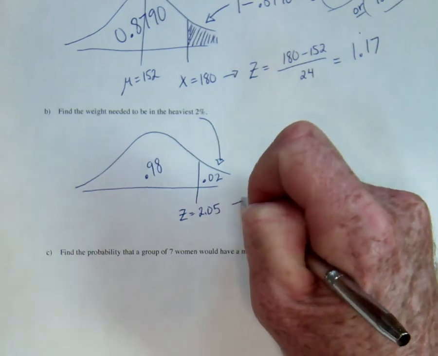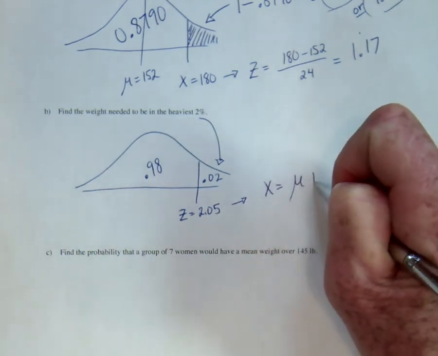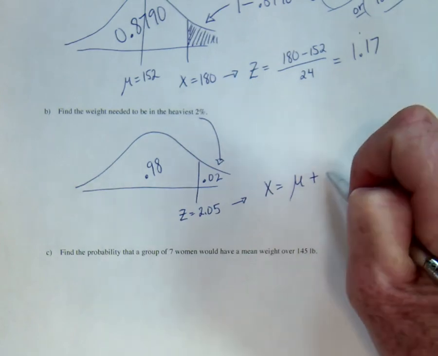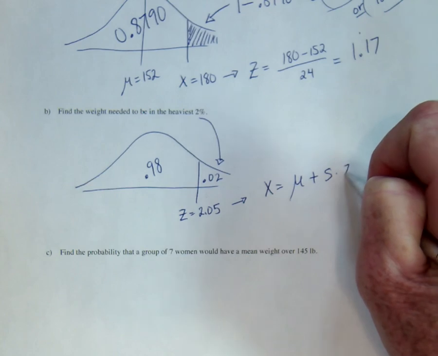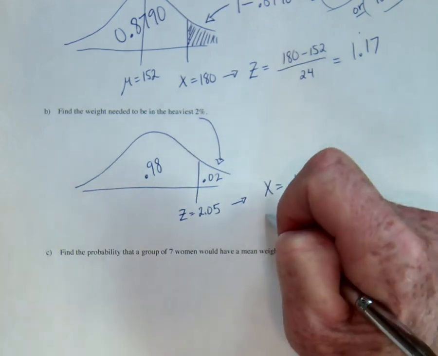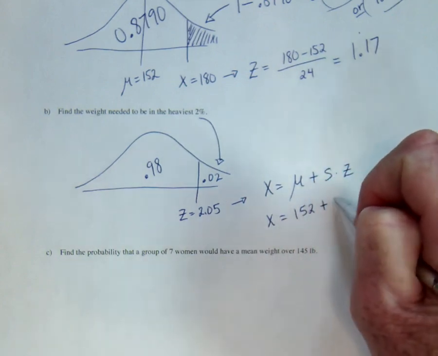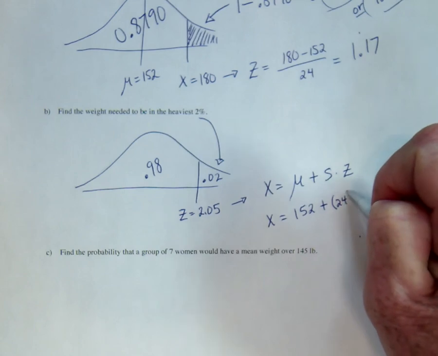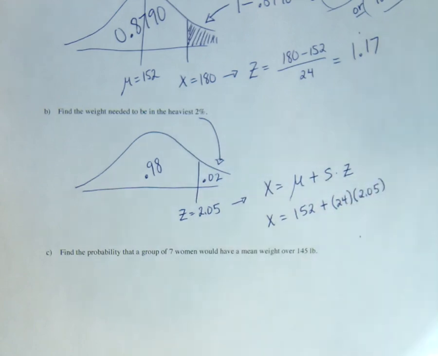And then I use the formula that x is equal to the mean plus the standard deviation times the z-score. And so it's going to be 152 plus 24 is the standard deviation, and we need 2.05 of them.